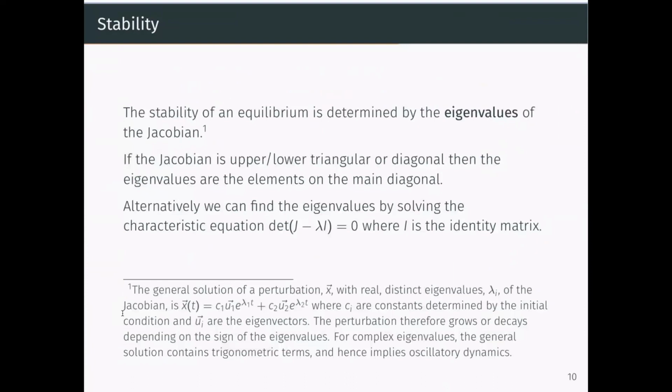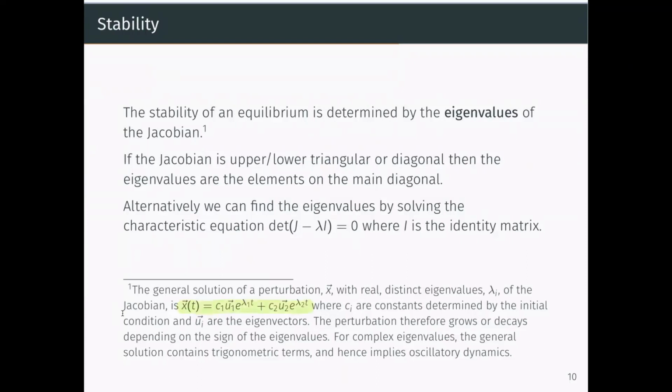The stability of this equilibrium is then determined by the eigenvalues of the Jacobian. The reason is given down here, which I'm not going to go into in this lecture. If you have met this before, this is the idea that we can describe the general dynamics of a linear system in this form, which I'll highlight here at the bottom.